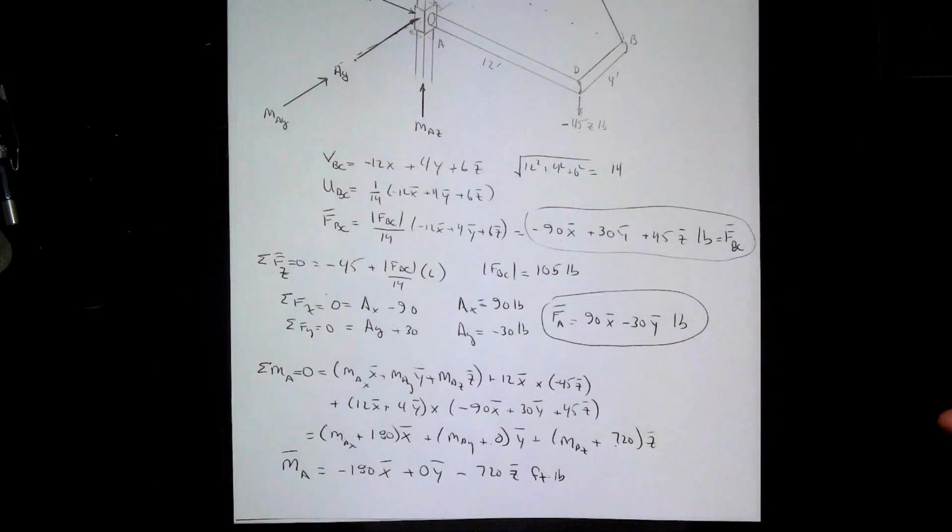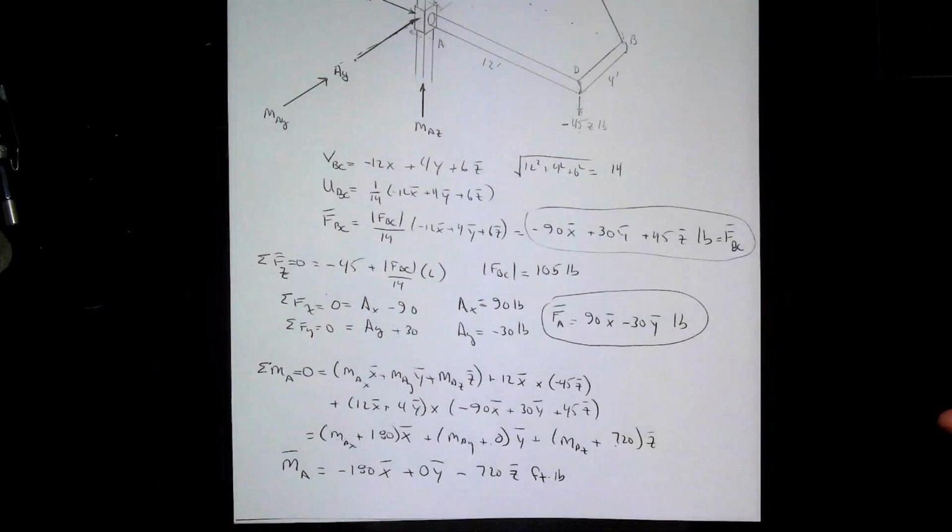Here's that 12, there's X. So I'm going to go minus 12 in the X. That's 4 feet, and this is 8 feet out to here. So now go 4 feet this way in the Y, plus 4Y, and then up 6 in the z, plus 6z. So that is the direction vector.